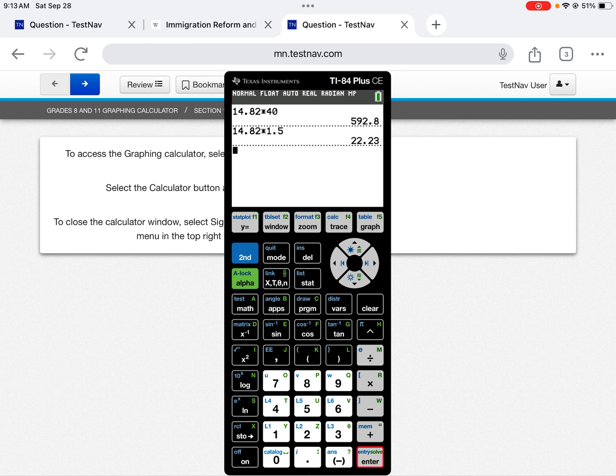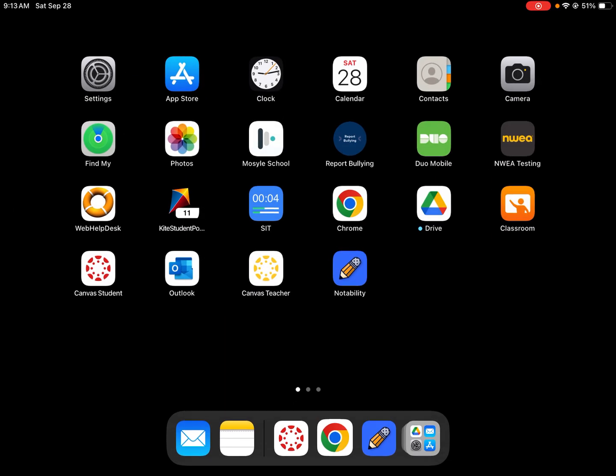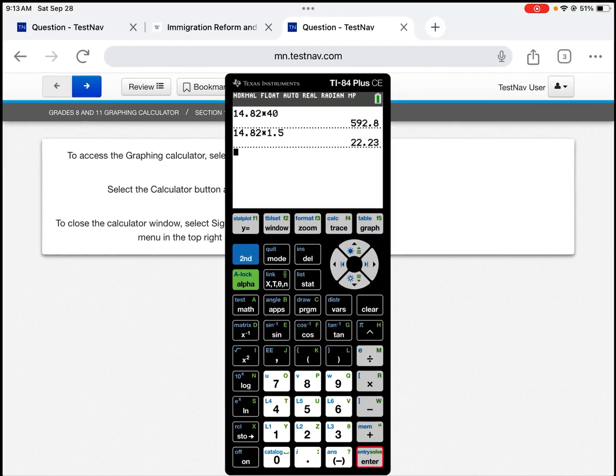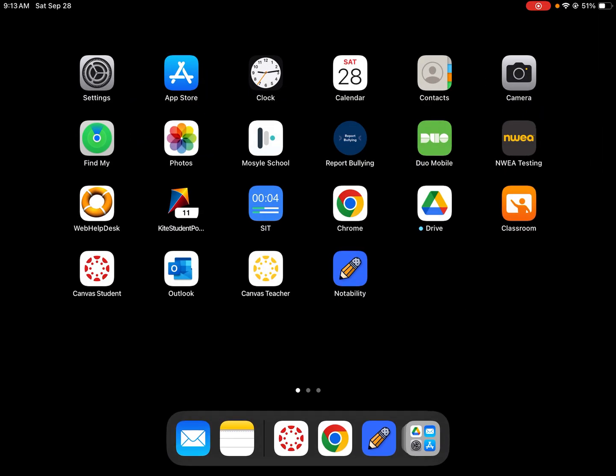$14.82 times 40 is $592.80. So that is regular pay. $14.82 times time and a half is $22.23.